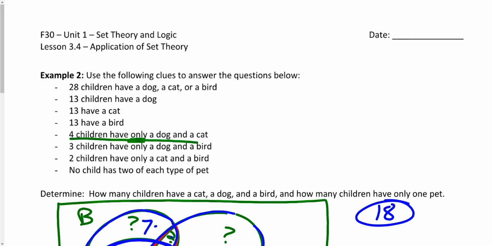Page 191. Let's go 4. I'll put in 2 in there too, that's right.